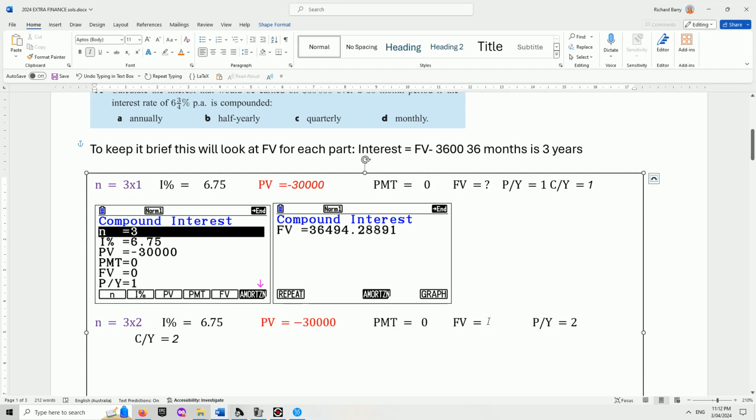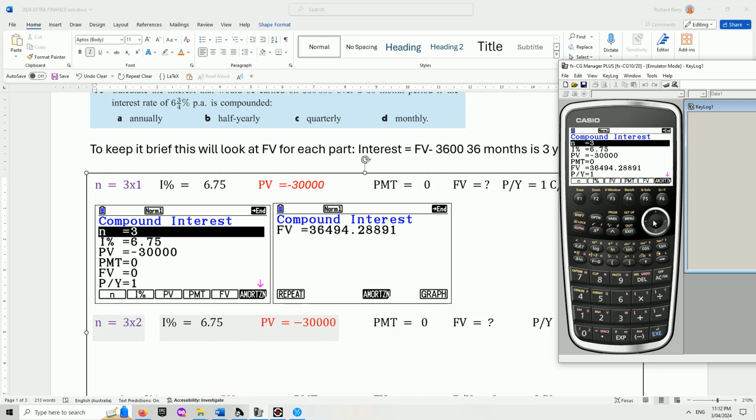Future value is question mark. Right, half yearly, C/Y is 2. Exit. 3 times 2. This will be the same, this will be the same, that would be different, and payments per year is 2.